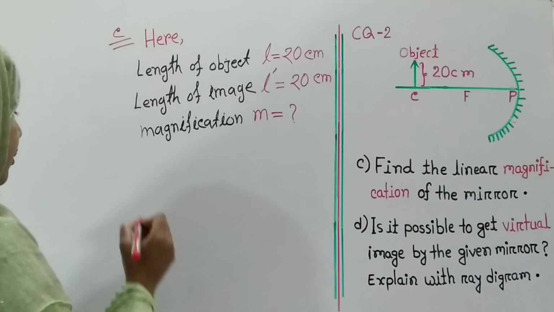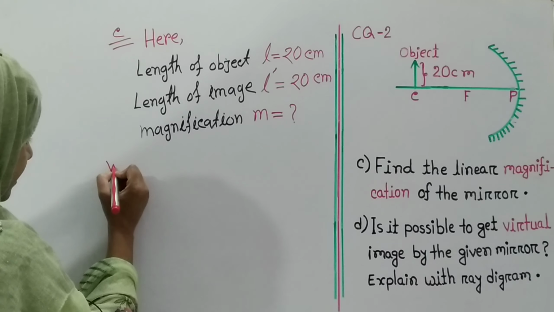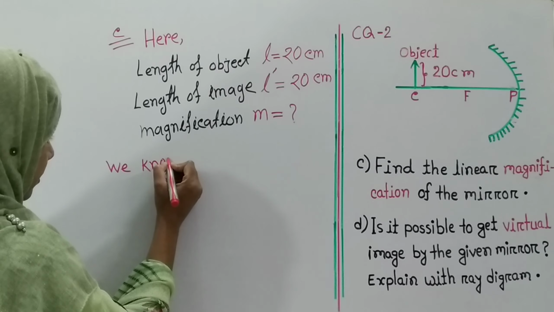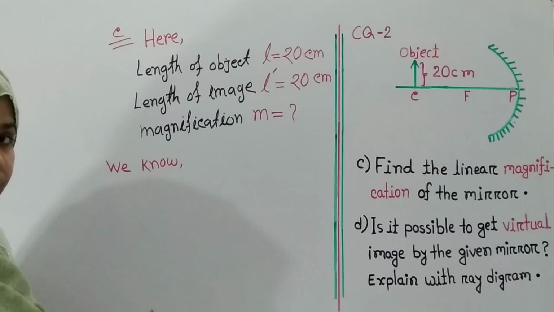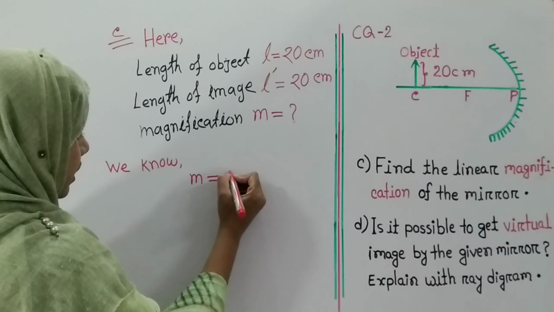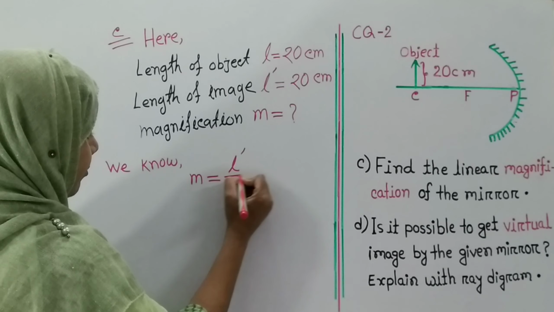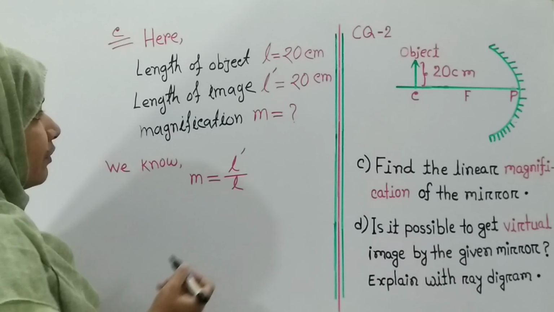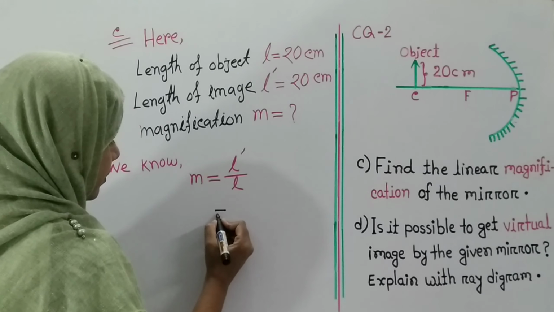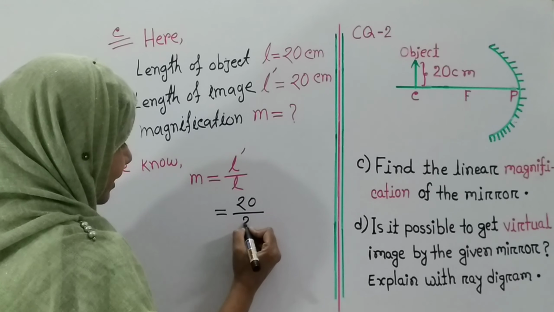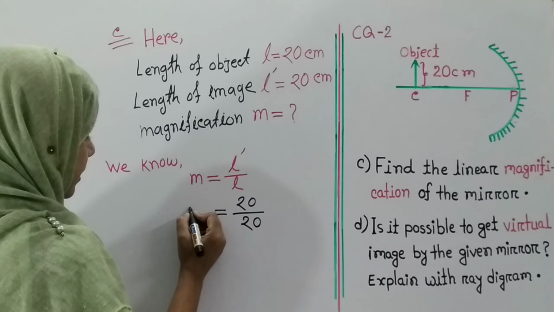And we know the formula of magnification, which is M equals L prime by L. Now the value of L prime is 20 centimeter and the value of L is also 20 centimeter.